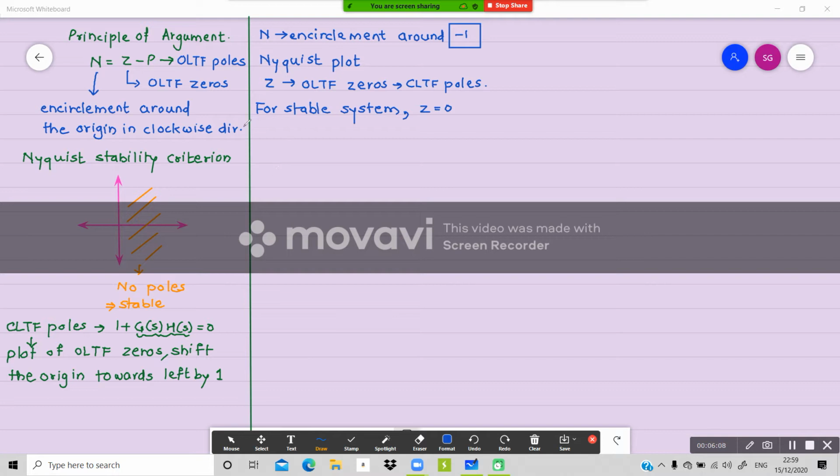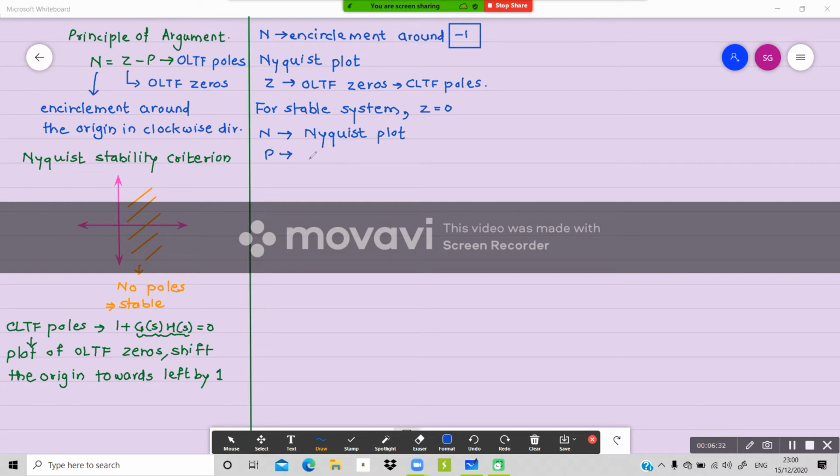Correct? And for that, two things should be known to me. N: how many encirclements are there around -1? From where will you get it? You will get it from the Nyquist plot. Correct? You are going to plot it and you will observe how many encirclements there are of -1. Then what is left is P. So what should you be aware of?